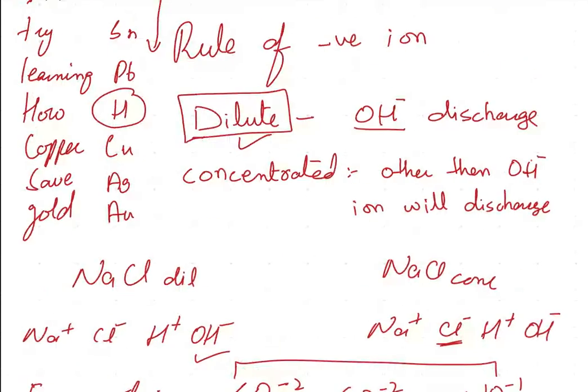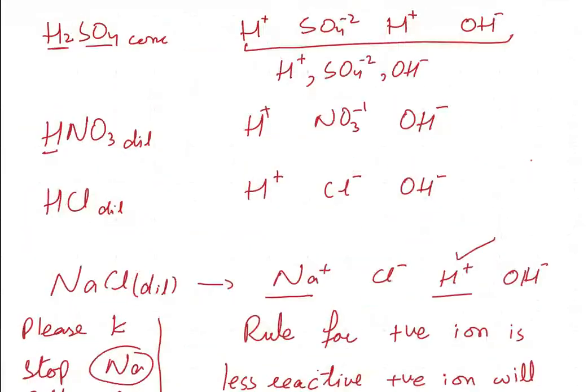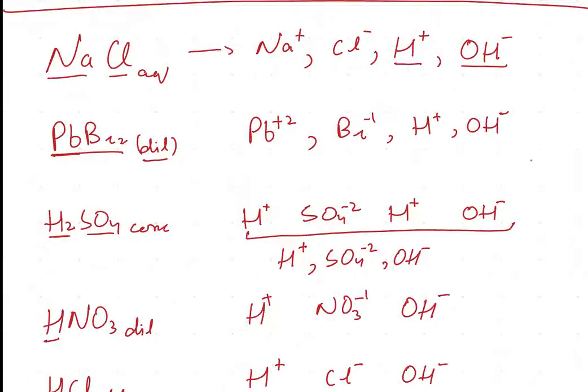So for example, I'm giving you examples here. Now the student will tell me if this is the solution. So we have the lead, we have the H positive, but we know that H is less reactive, so hydrogen will discharge, and the solution is diluted, so obviously OH will discharge first.